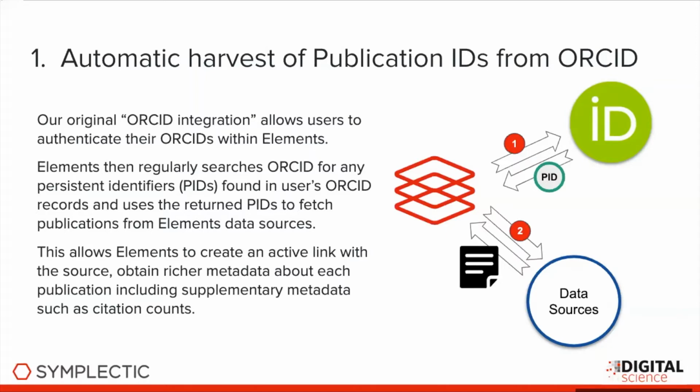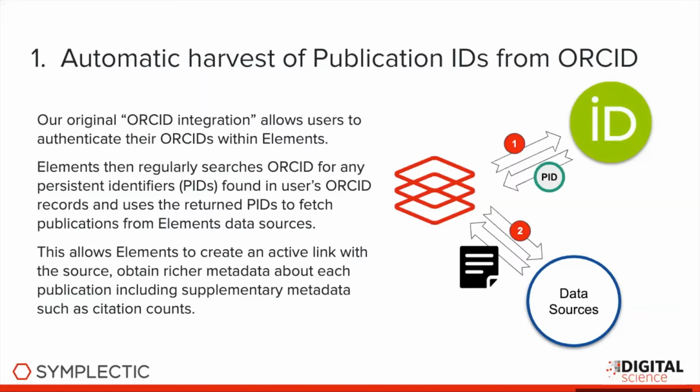We will read their ORCID record, return persistent identifiers from specific publications, and use these to fetch those publications from other data sources. So it's a sort of indirect approach to collecting the information from ORCID. It's only really the persistent identifier which is returned from ORCID, and then the publication metadata itself is returned from potentially multiple data sources.